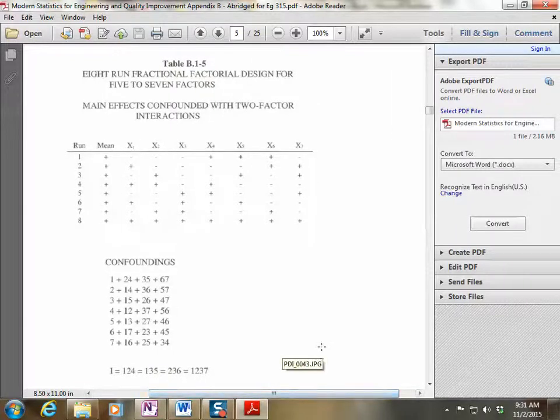Think about how we put these together. When you have an 8-run design, you start with the base design, and then you add factors.